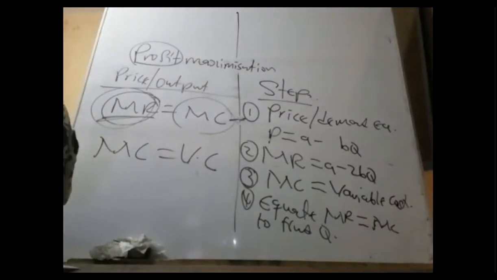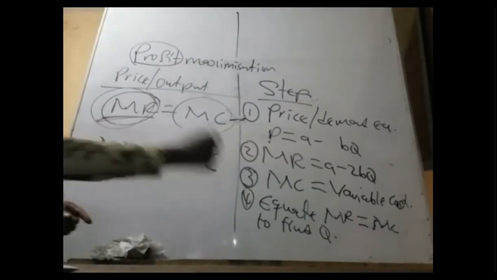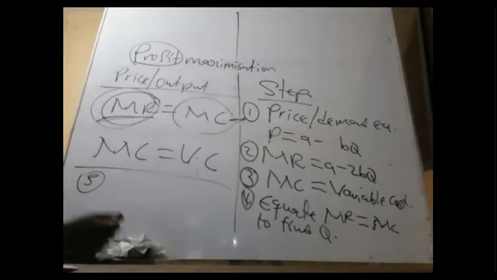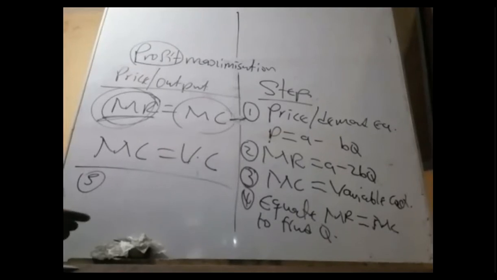Then the final step, step 5, let me write it here. After you get the quantity, what do you do? You now substitute the quantity into the demand equation.